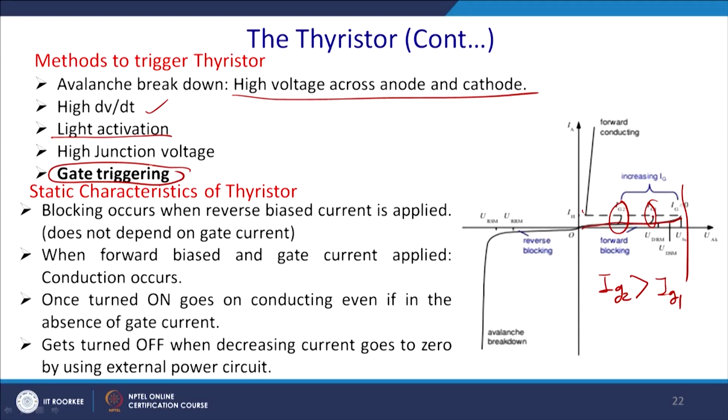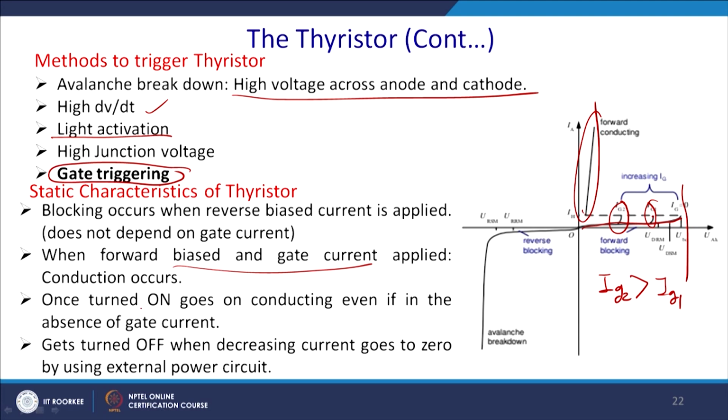So, the characteristics of the thyristors, let us come to it. Blocking occurs when reverse bias is applied, depending on the gate current. When forward biased and the gate current is applied, conduction takes place and it will be a high current, which is ultimately limited by the load of the system.